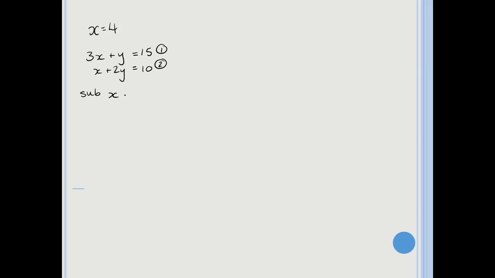I'm going to substitute x equals 4 into, and again it doesn't matter, it can be 1 or 2, whatever suits. I'm going to put it into equation 1. So 3 times 4 add y equals 15, and that's going to allow me to solve for y.